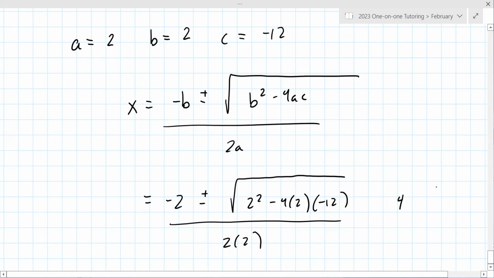Negative 8 times negative 12. Oh shoot. Negative 12 times the negative 8. Wait. I don't know. My calculator is not getting this right.